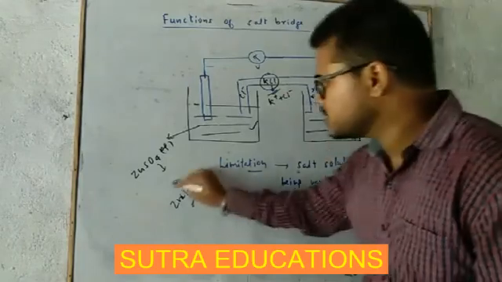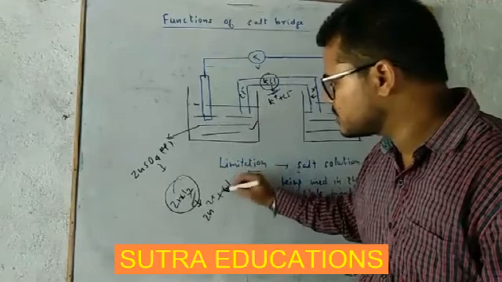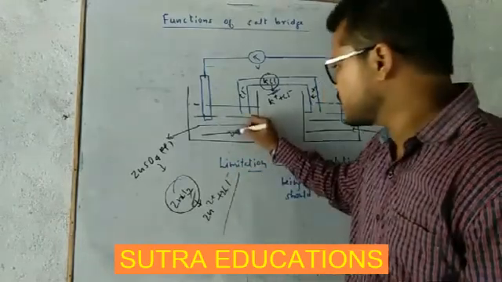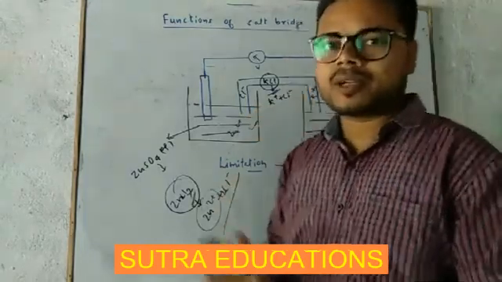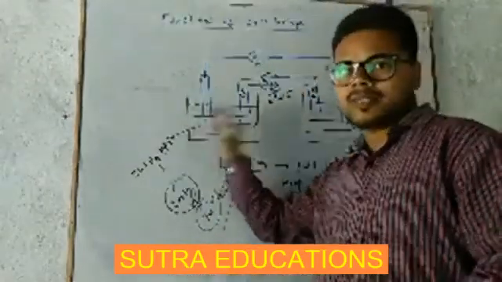So this ZnCl2 will further dissociate into Zn2 plus and 2Cl minus. Getting this? Here it was Zn2 plus, and again we are getting Zn2 plus. So it is not going to affect the working of these electrolytes here.